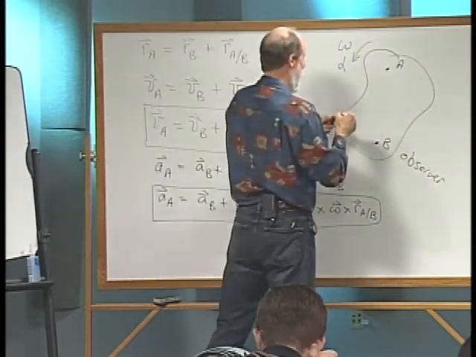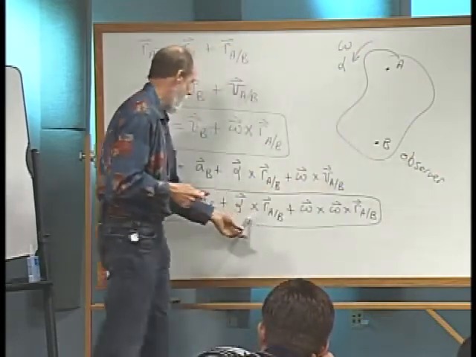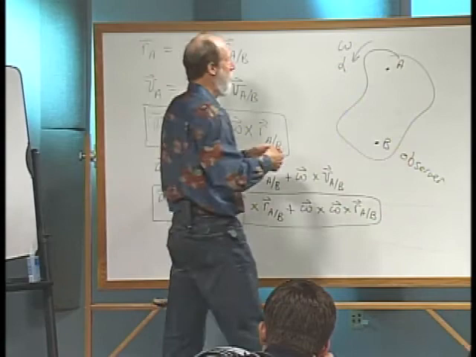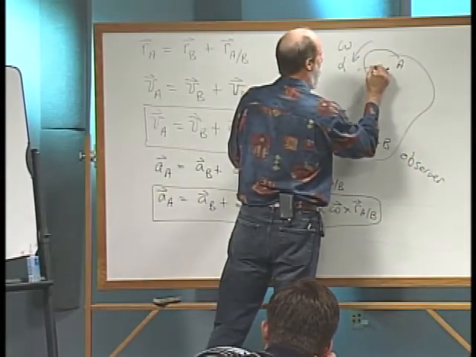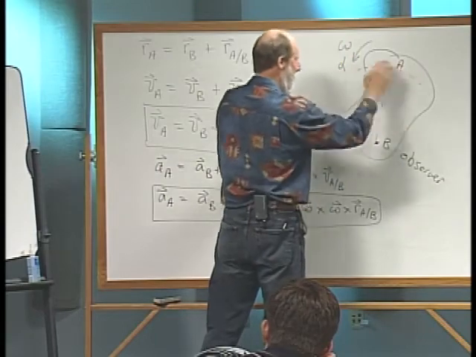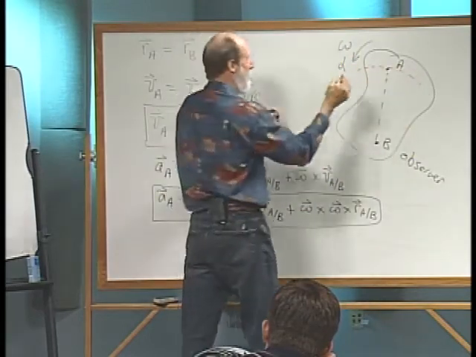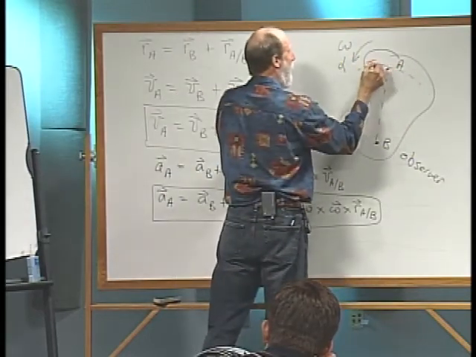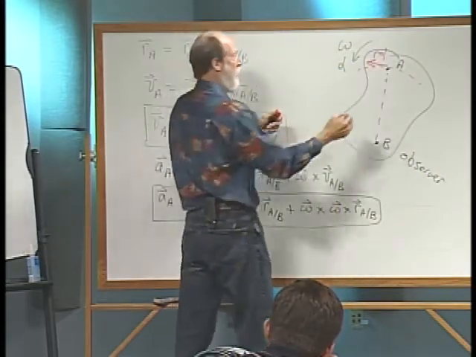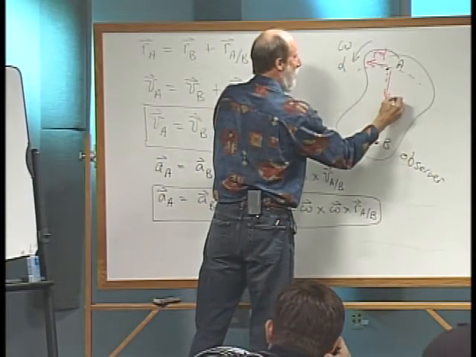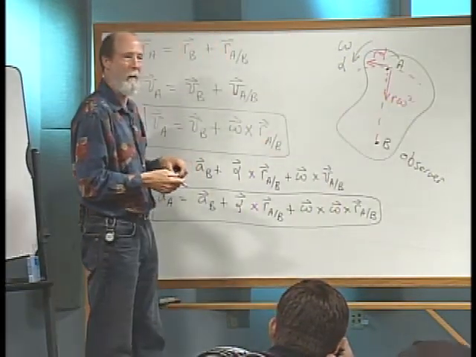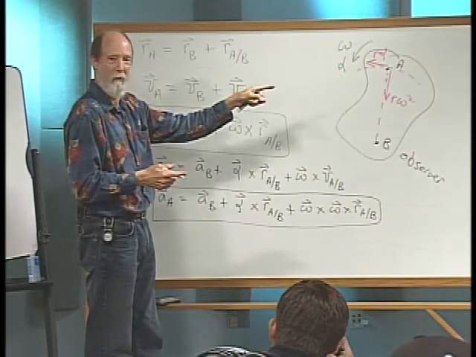And so these last two terms are the relative motion stuff. What you want to keep clear in your mind is that it appears to be in circular motion. So there's going to be an R alpha term on acceleration, and an R omega squared term. Those are relative accelerations.